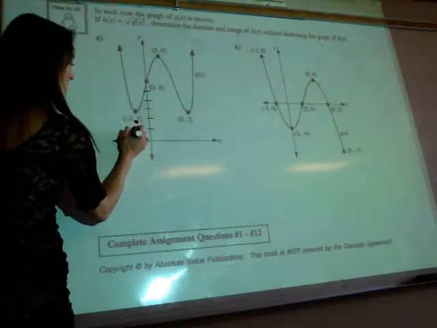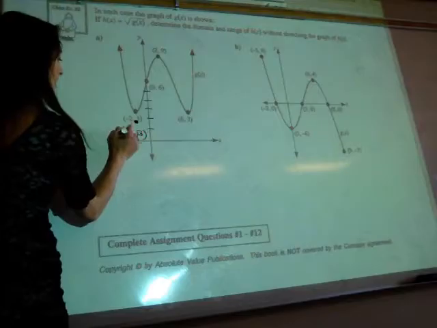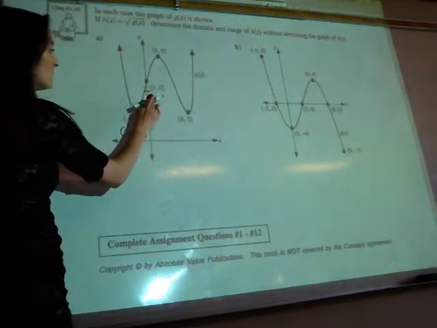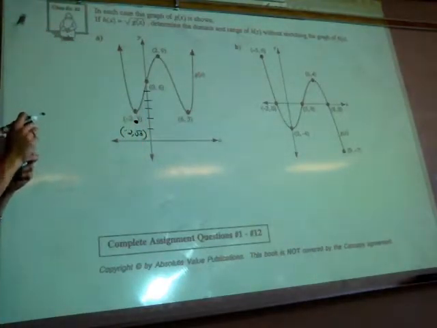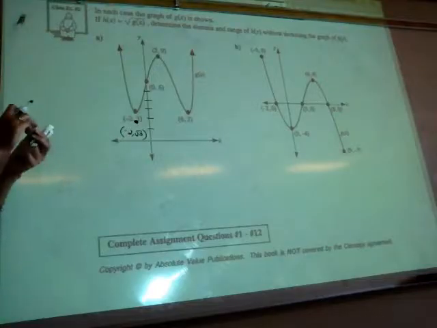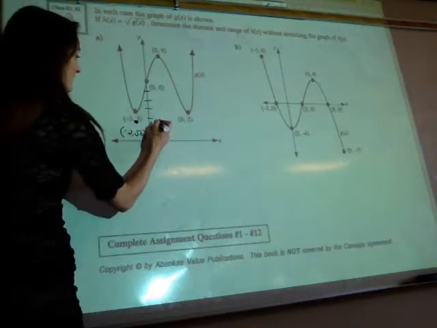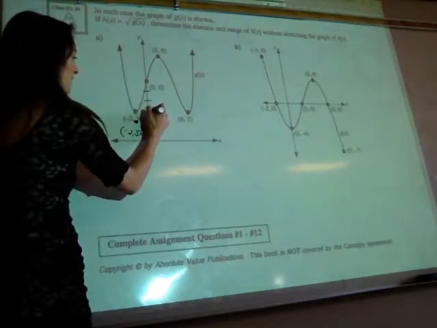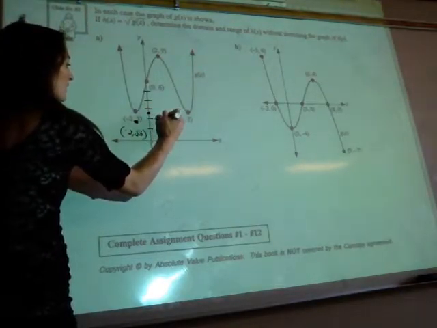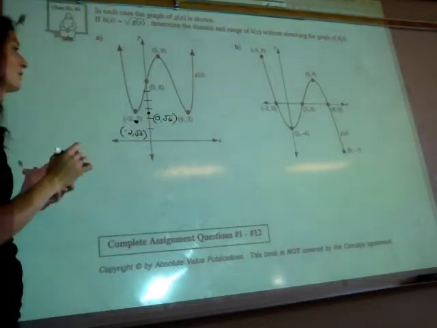Okay, that's -2 square root 3. Okay, and 0, 6. What is the square root of 6? Anyone with a calculator? Square root of 6. 2.4. Good guess. Okay, so our y-intercept's now at 0 and the square root of 6, which is 2.4.